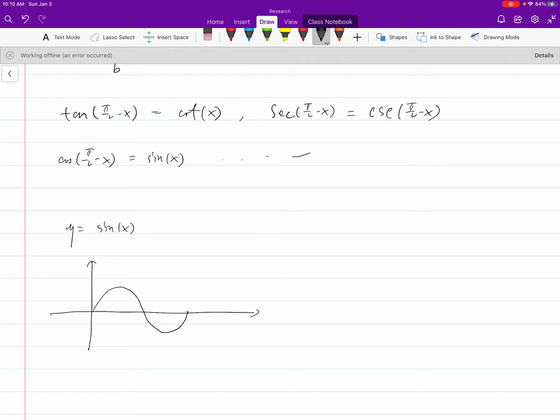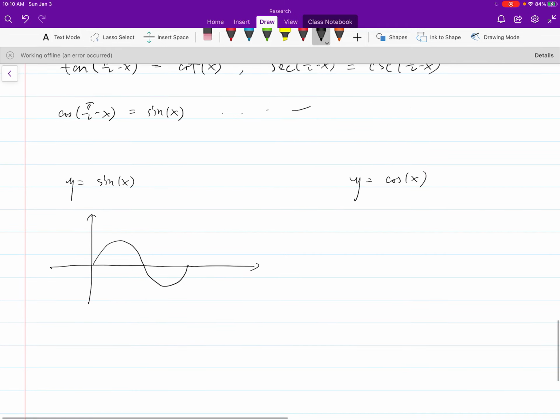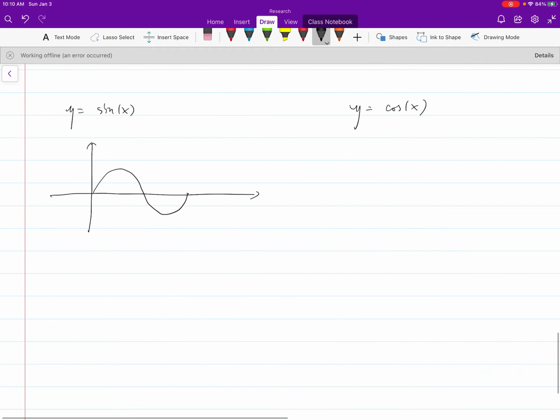Now with that, we can do a lot of interesting things. Number 1, remember the graph, and we say, hey, this one has a graph which looks like this. Now we have this graph which looks exactly similar. It's very easy to understand why. Cosine is the same as sine if you do this.